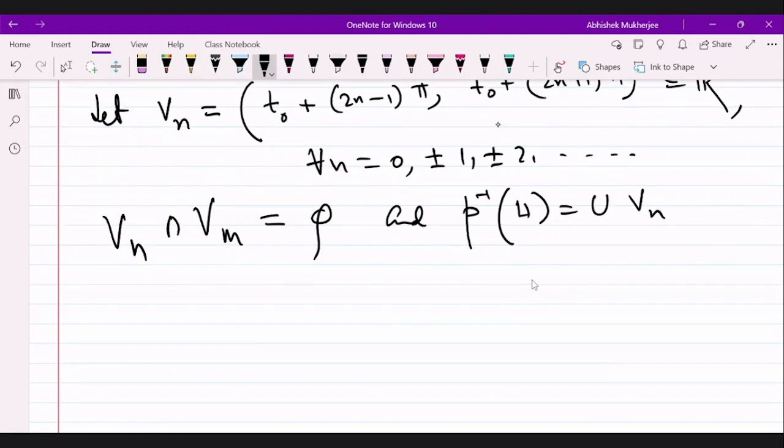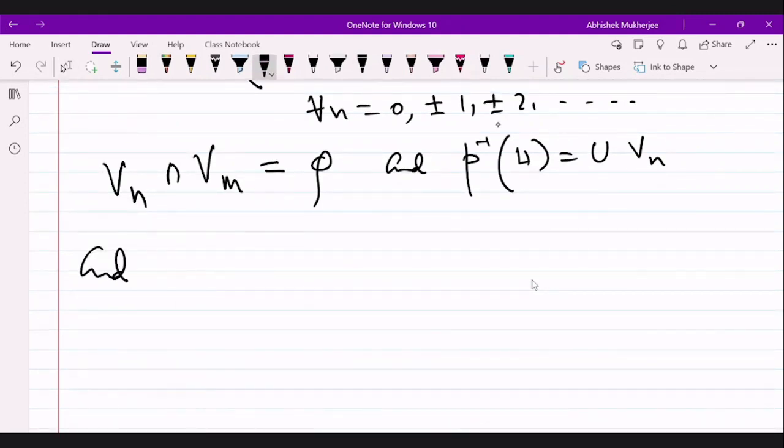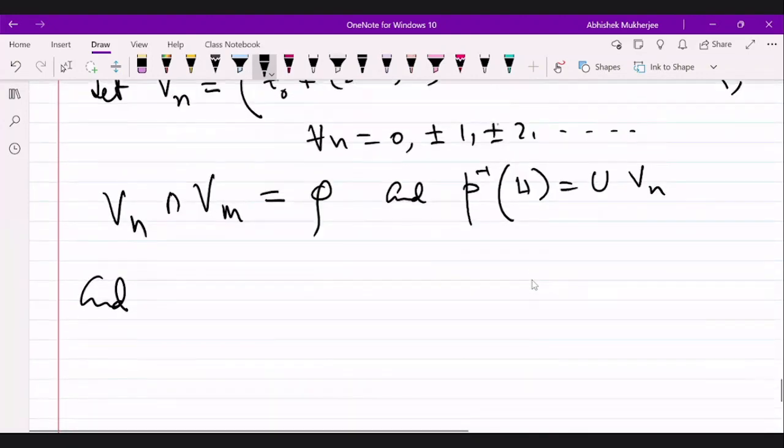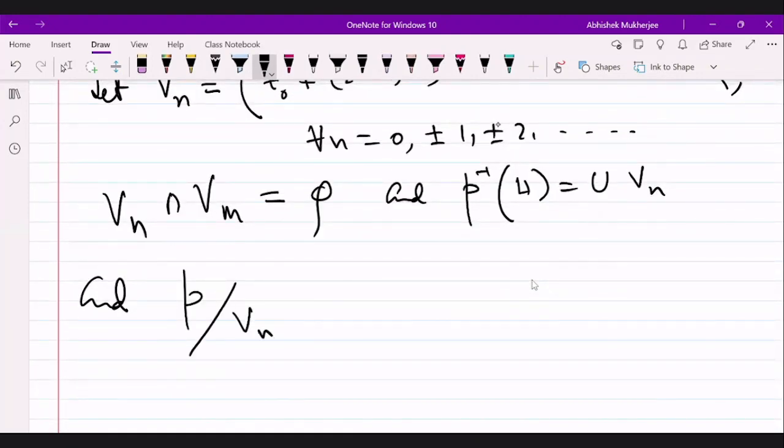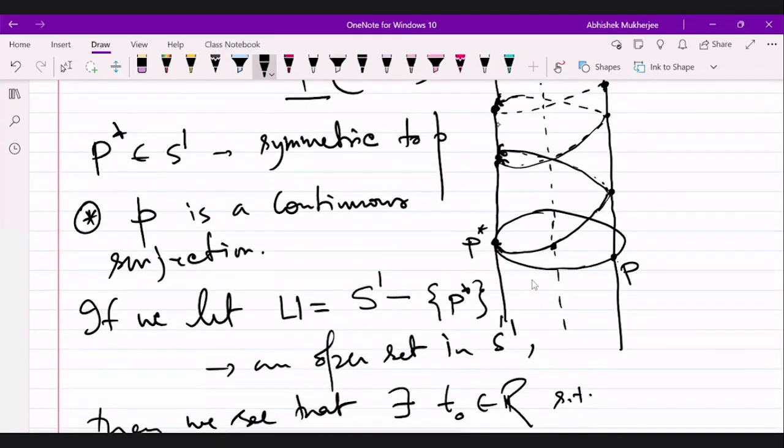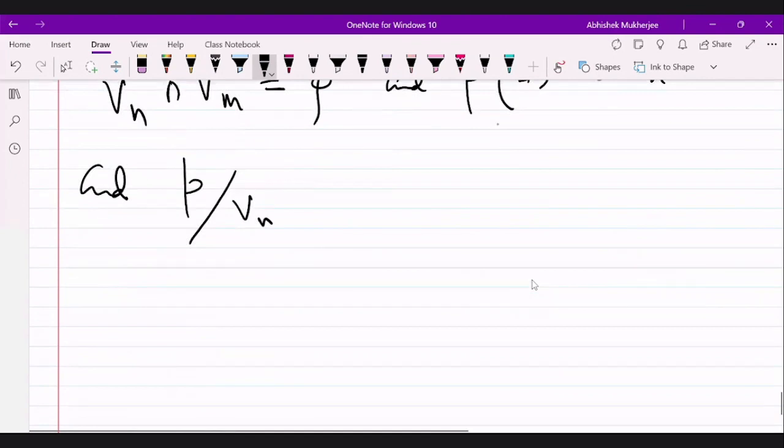Okay, great. And if you look at the restriction map to each Vn, that means if you look at this arc, if you want to pull down this arc to S1, you will get this part up to this one, right? That means U. So therefore, this is actually a homeomorphism.